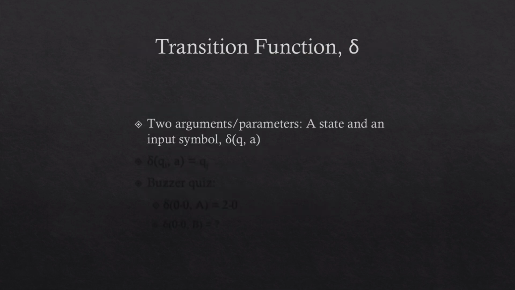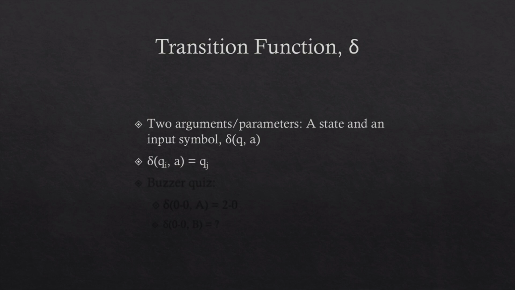The transition function delta takes in 2 arguments or parameters. The first one is a state, and the second one is an input symbol. As the output of the function, it tells you the state that the automaton moves to when it is in state Q, and the next input symbol is A. Here, Q is a state, the first argument, and A is an input symbol, the second argument.